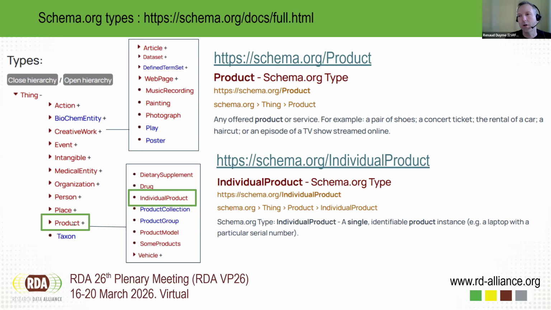And I came to the same conclusion about using the individual products. The main difference is that a product is a generic product, while the individual product has the official definition: a single identifiable product. All these definitions are available directly by this URL if you're not familiar with schema.org.